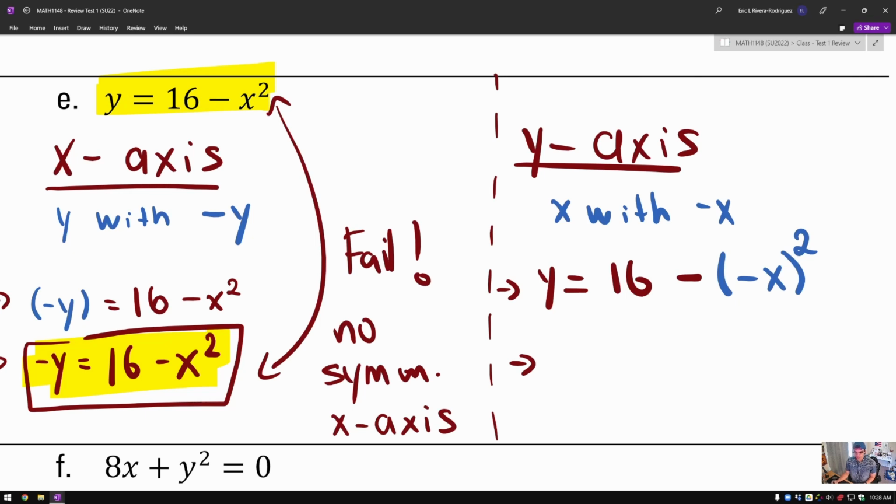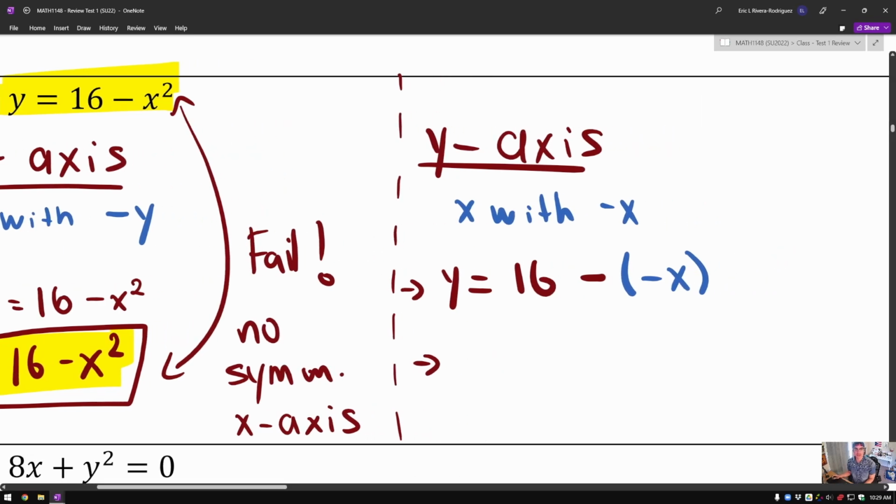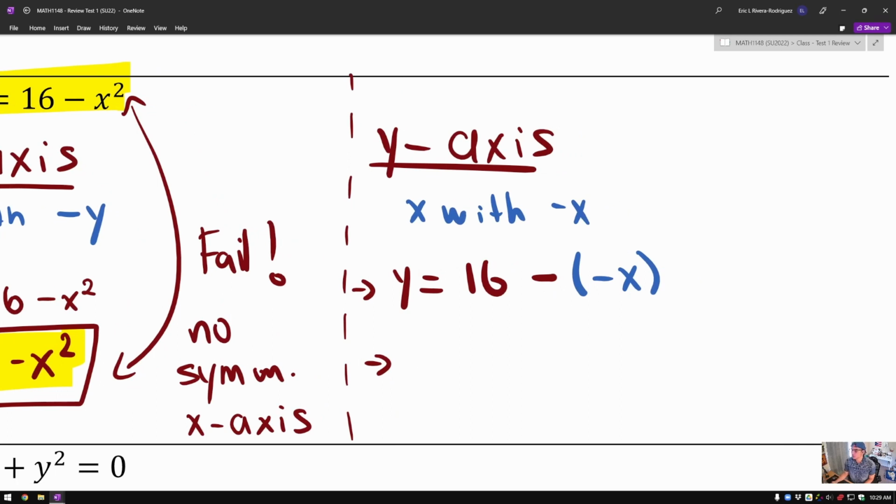And you will notice that since we have a power of 2 here, and I should put this in red because I haven't changed anything there. Let me make sure that you are seeing this well. What is the effect of that power over this negative here? What's going to happen with the negative in front of x when we apply the power of 2?